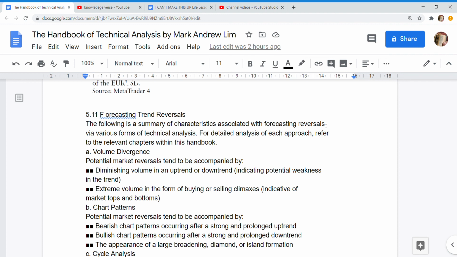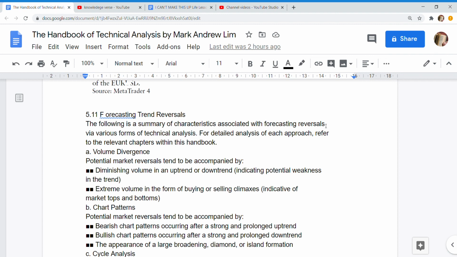For detailed analysis of each approach, refer to the relevant chapters within this handbook. A. Volume divergence. Potential market reversals tend to be accompanied by diminishing volume in an uptrend or downtrend, indicating potential weakness in the trend. Extreme volume in the form of buying or selling climaxes is indicative of market tops and bottoms.